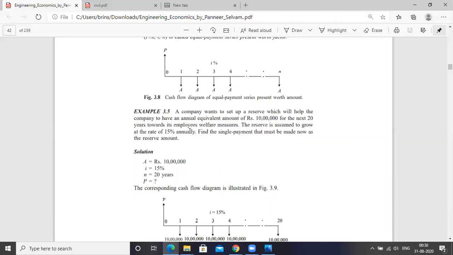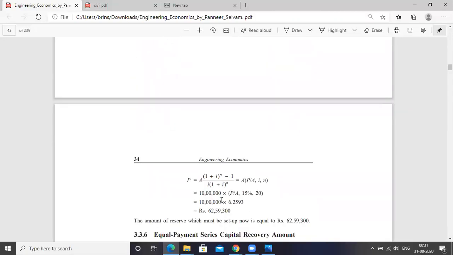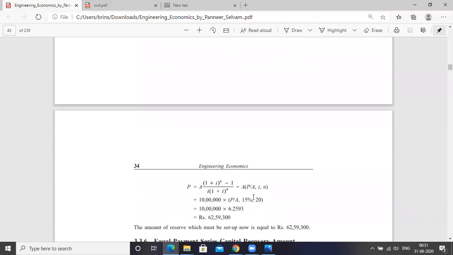Now you are supposed to find the single payment that you can make now, so that you can reserve the same money for the company's use in the future. For this you can use the same formula, that is A into (1 plus i) power n minus 1, divided by i into (1 plus i) power n.